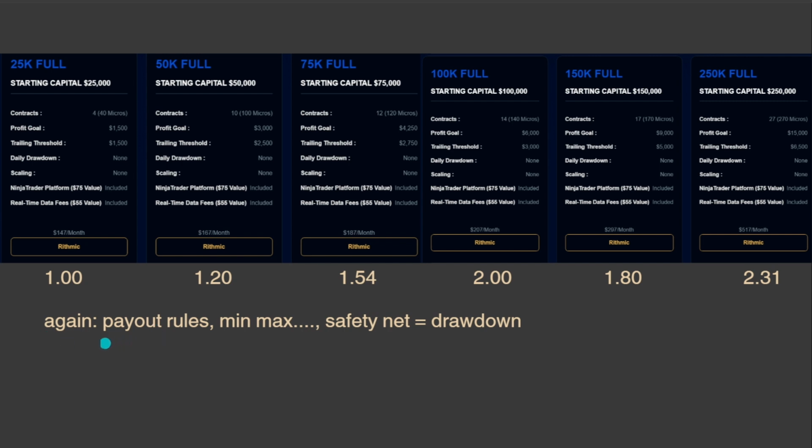You have to look at the payout rules. Minimum, maximum, safety net. Here, Apex is again with safety net is the drawdown, and big difference with the minimum, maximum payouts.